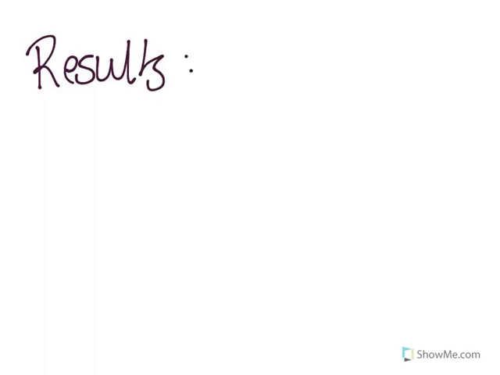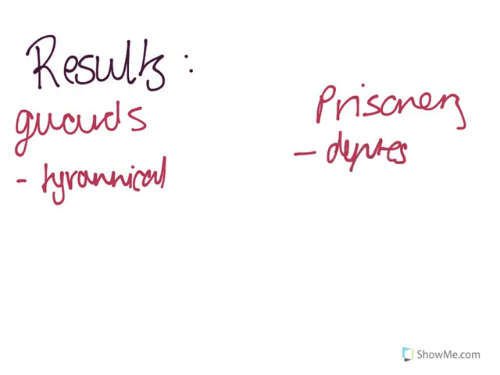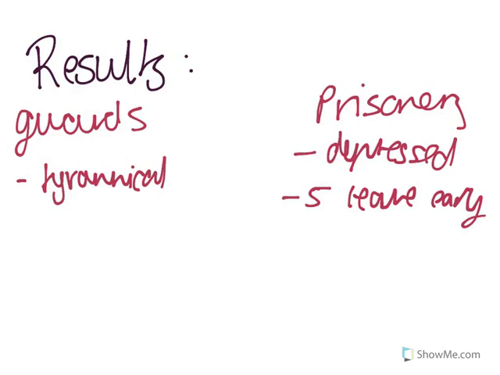His results were that the guards grew really aggressive. So let's do 2 columns. Guards, prisoners. They grew tyrannical. The prisoners got depressed. 5 had to leave early with extreme depression.